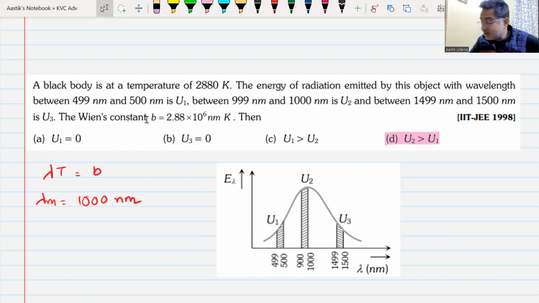If a body is at a temperature more than 0 Kelvin, it will always emit energy. What is your doubt? Sir, my doubt is whether the energy of radiation emitted can be equal to zero or not.